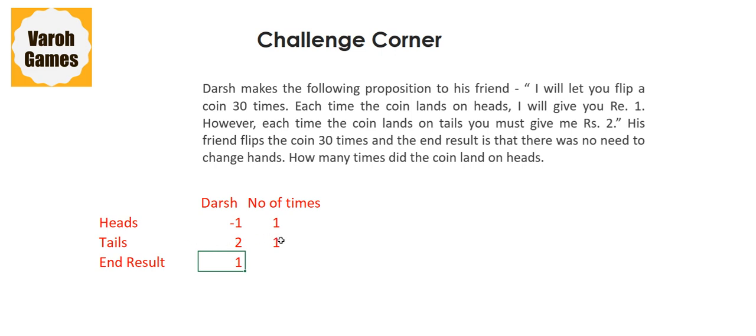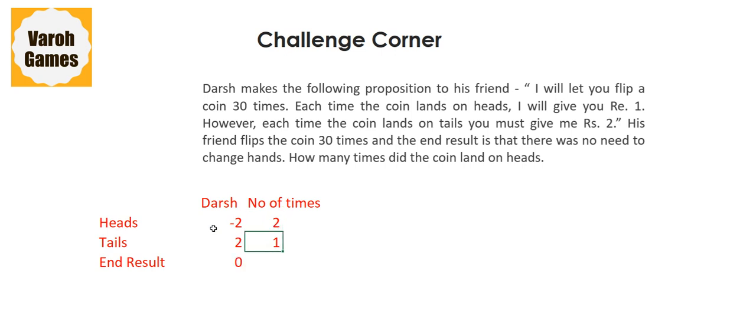Now we are seeing that when tail is once and head is once, the amount is more in tail. So to make heads same as tail so that the end result becomes 0, what do we have to do? Let his friend flip the coin again and suppose head comes. That is, now the number of times head has come becomes 2.